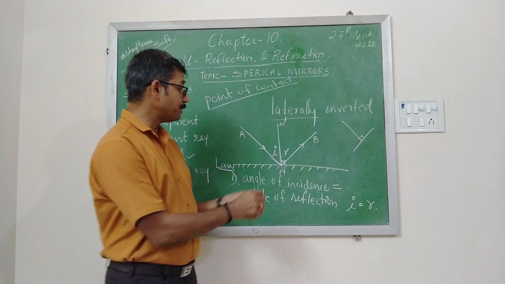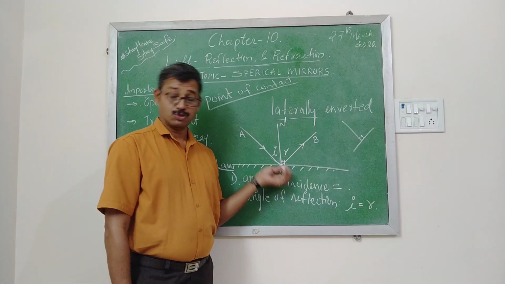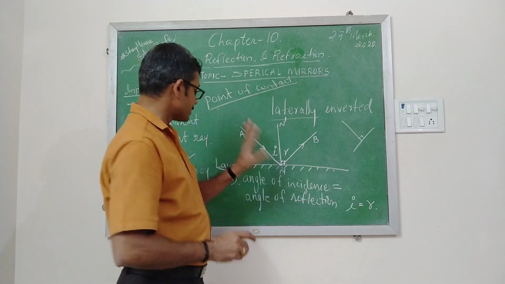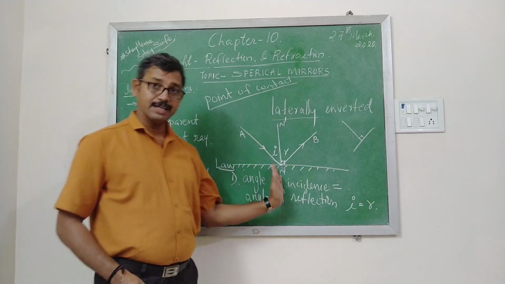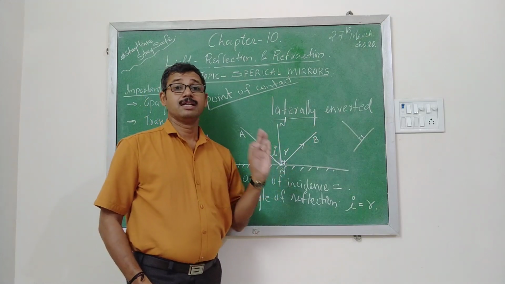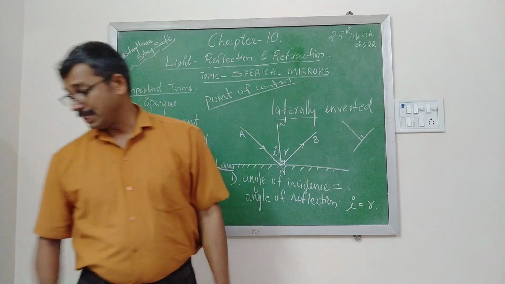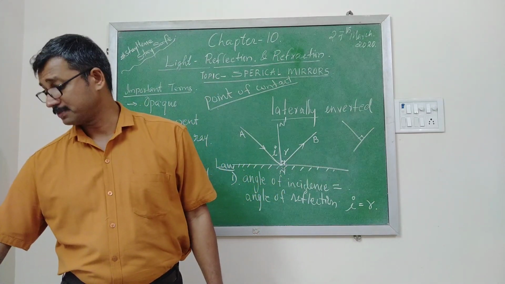So the normal can't be like this. So it is the important second point, that incident ray, reflected ray and the normal lie on the same plane. Okay. Now go to the next part.